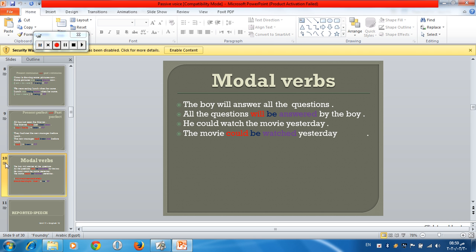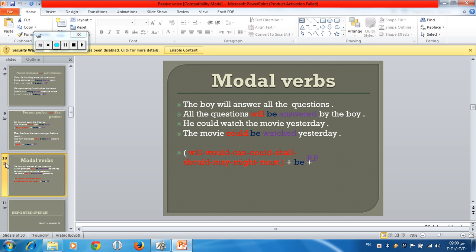So bring could and be, then the past participle. So you have to bring the modal, like, yes, who can say? Excellent, good. Yes, John: will or would, can, could, shall, should, may, might, must. All modal verbs. Then put be and the past participle.